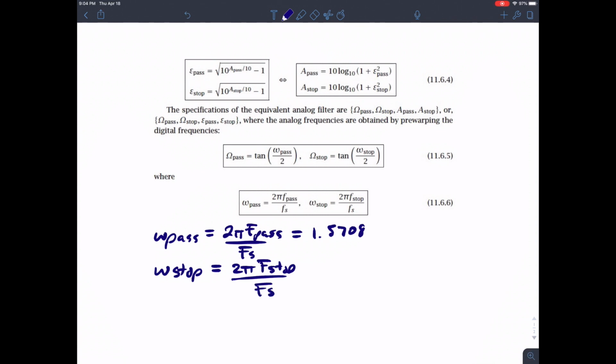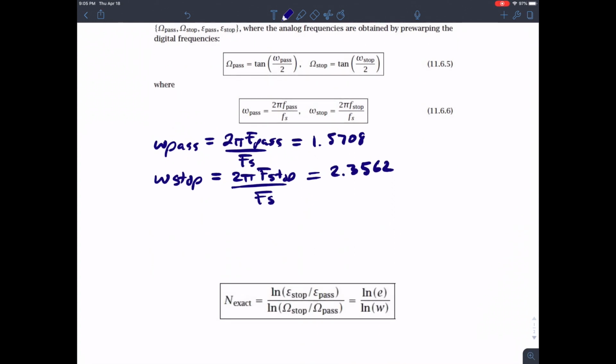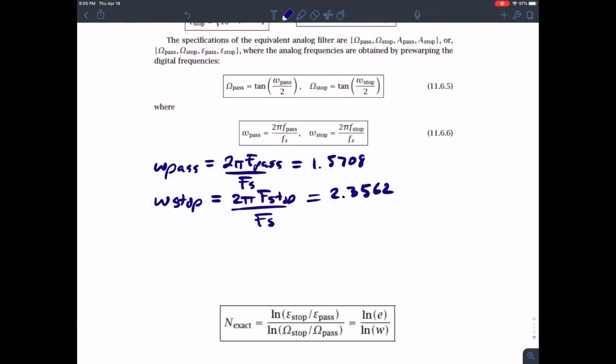F-stop is 15 kilohertz, fs is 40 kilohertz. Plug the numbers in, you get 2.3562. You can check that. From there, you need to calculate omega in the analog template domain.